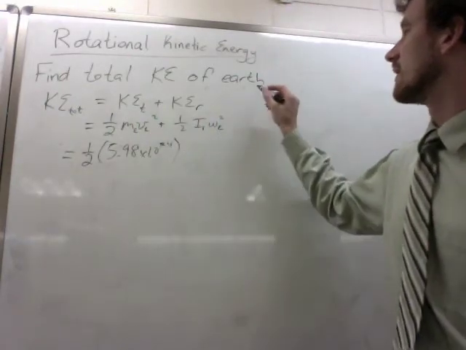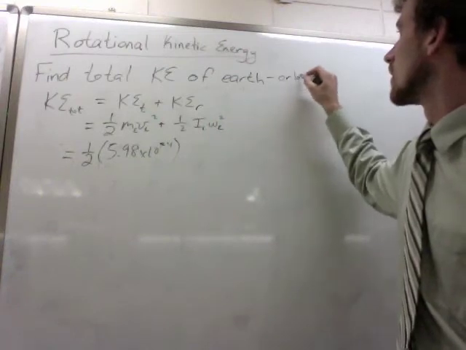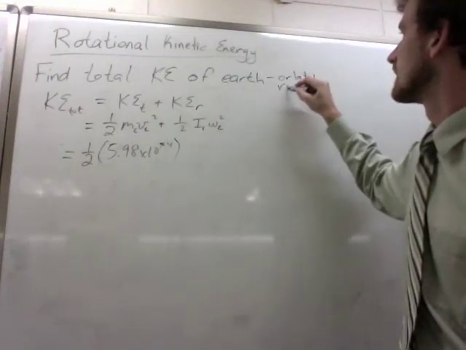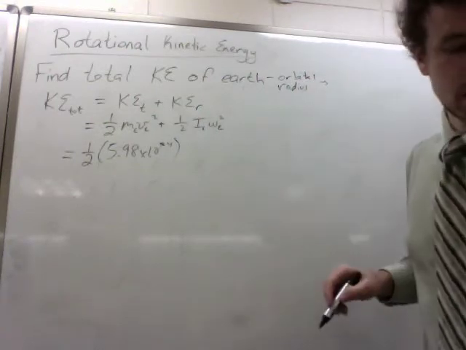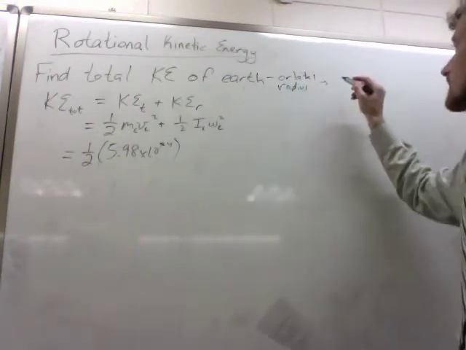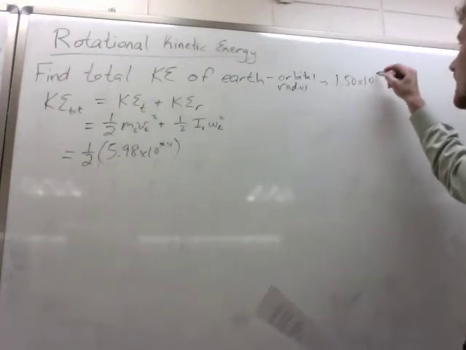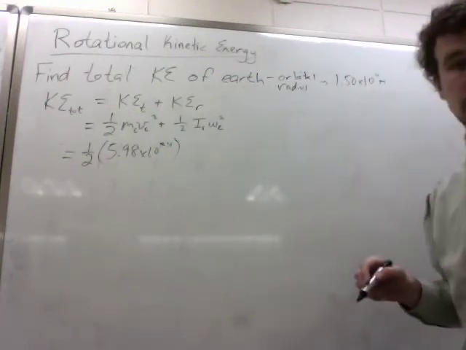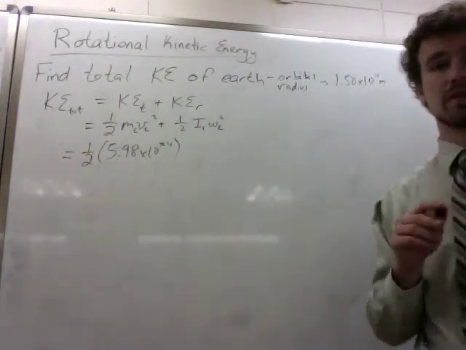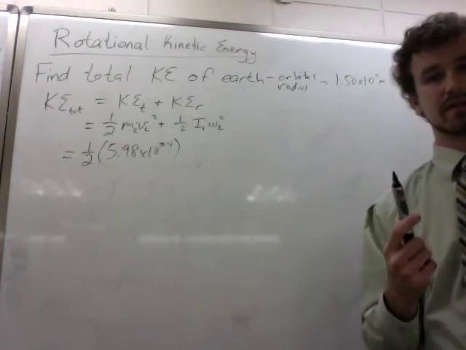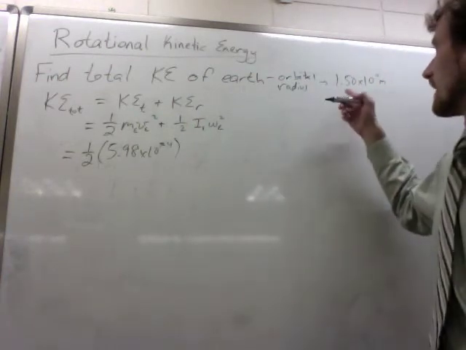We can figure this out because the Earth's orbital radius is 1.50 times 10 to the 11th meters. And we know that it orbits once around the Sun every 365 days. So we can do some math with that.